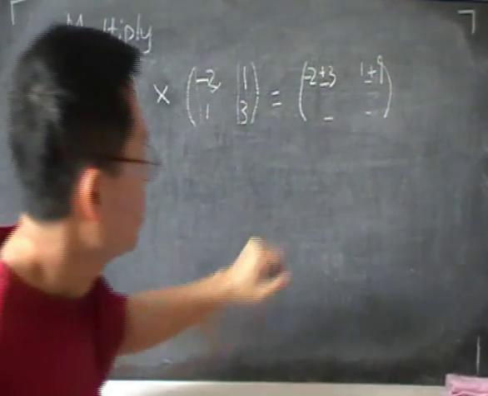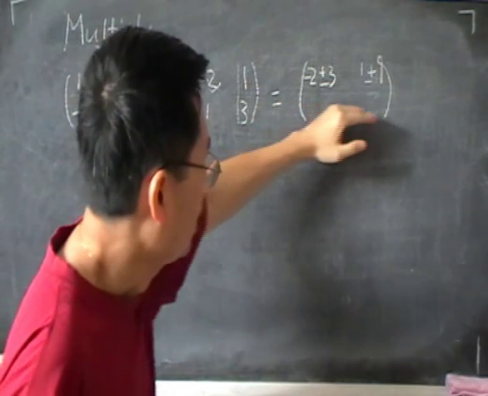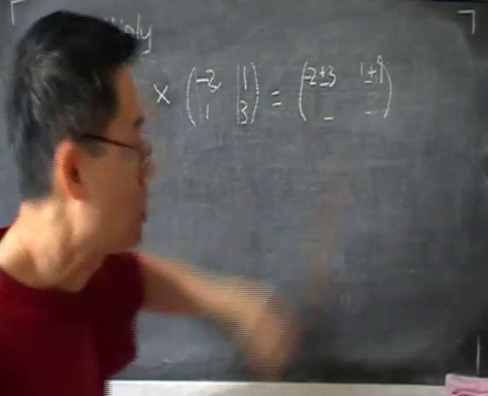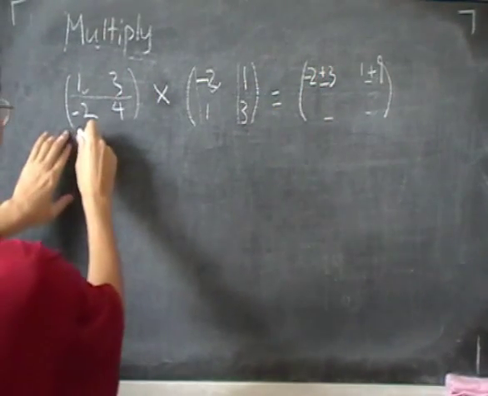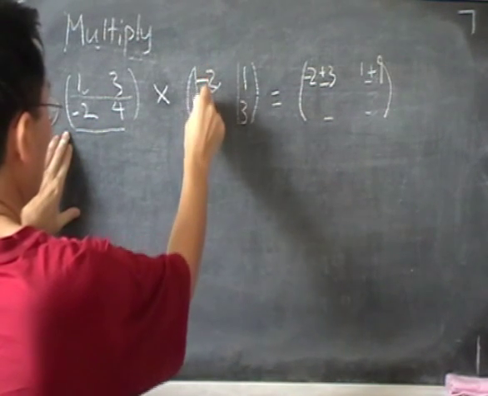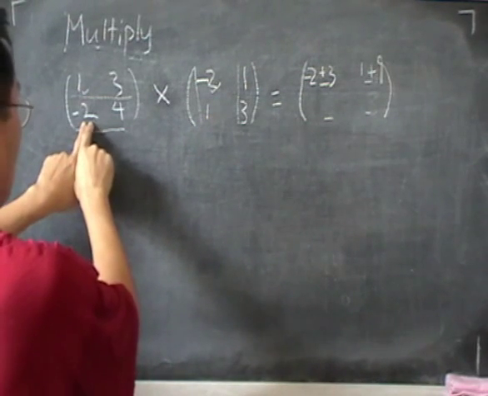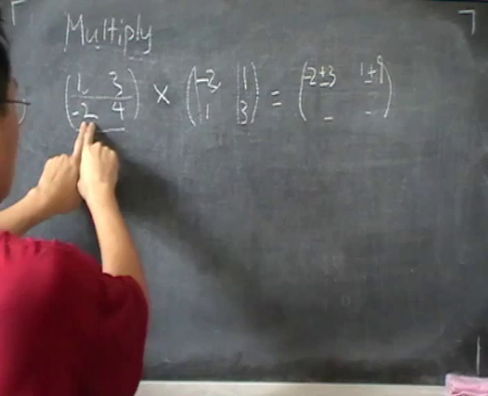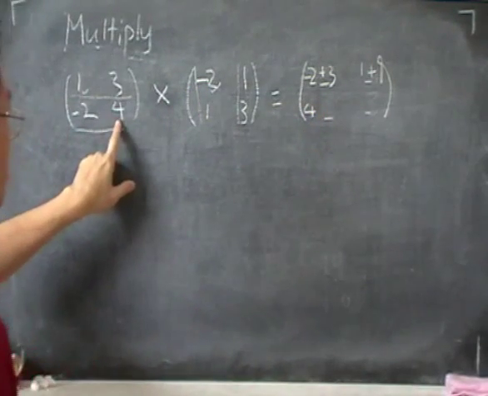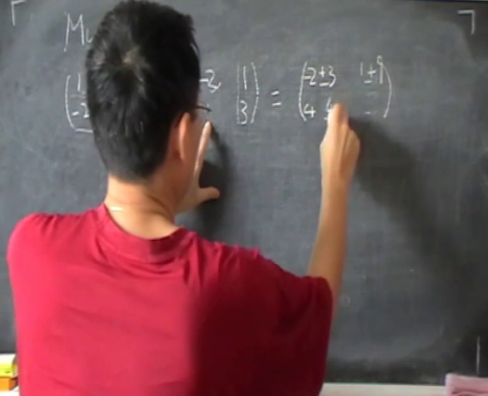So let's press on. The next number here is on the second row and first column. So I would go for the second row here and the first column there. Right. And I would multiply the first numbers, minus 2 times minus 2, which is 4. And the second number, 4 and 1, which is 4. And add them.